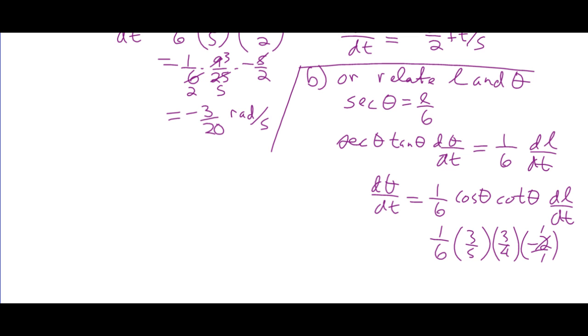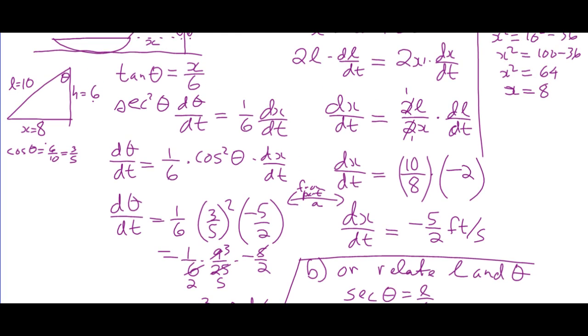So 2, 3 and 6. We got -3/20 radians per second. Good thing too, right? So that's an alternate: you can relate L and theta, or you could relate x and theta.